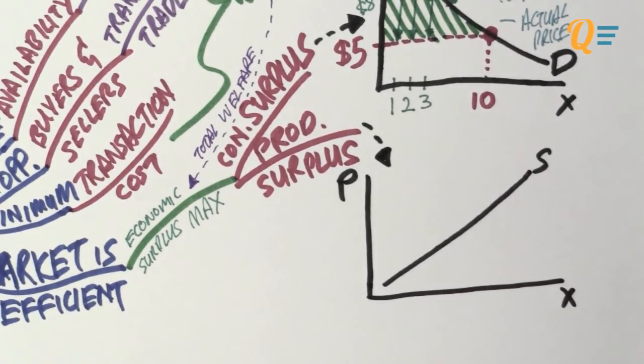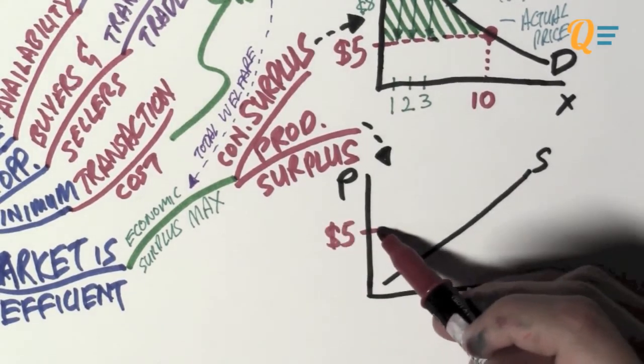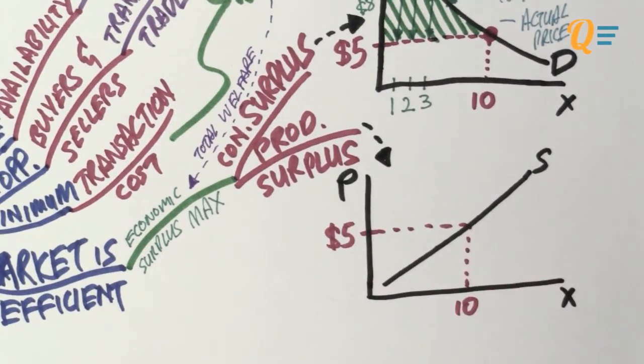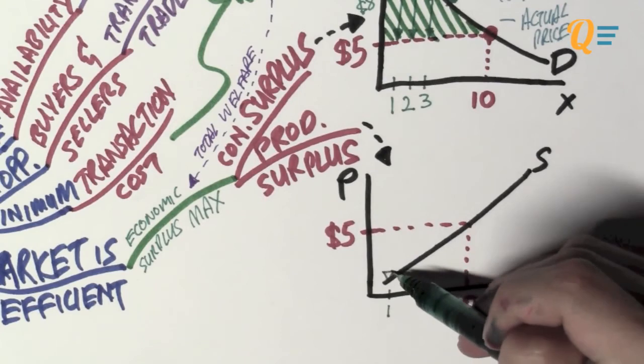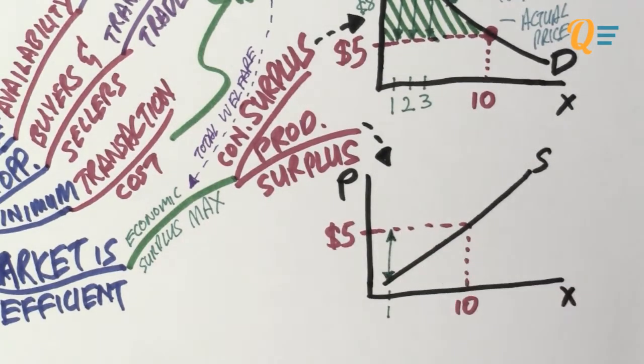Now let's talk about the producer surplus. So you have a supply curve which is upward sloping over here, and imagine again that the price of good X is 5 and the firms are willing to supply up to 10 units of X. So the producer surplus can be described as the seller's gain. If he had sold only 1 unit of X, okay, he would have a surplus of this much. Why?